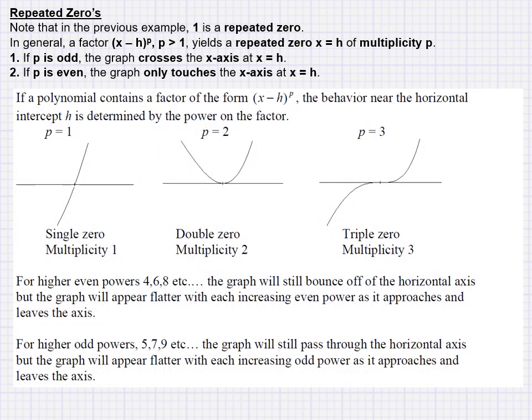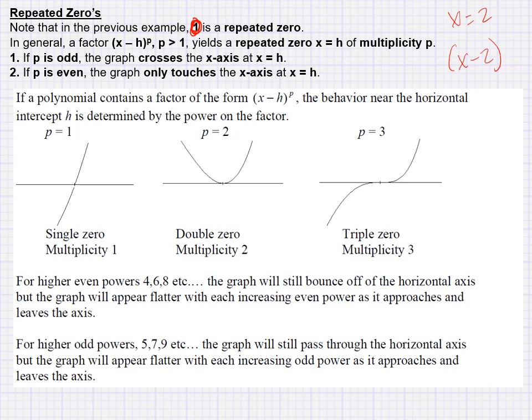Okay, so let's look at those repeated zeros. In that previous example, sorry, not the example that we just did, but 2 examples back, we had a repeated 0. And in our last example, 0 was our repeated 0. The idea of a repeated 0 is something called multiplicity. So in general, when we're looking at a 0, say x equals 2 or 5 or whatever, remember we said that means x minus 2 is a factor.